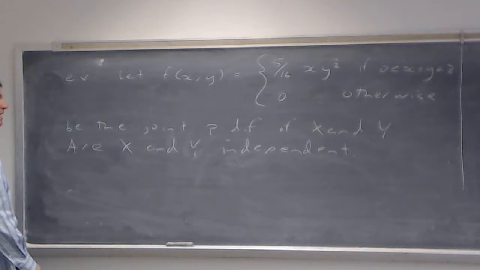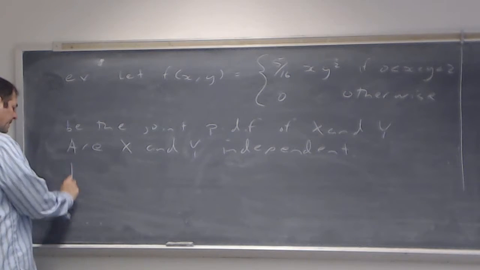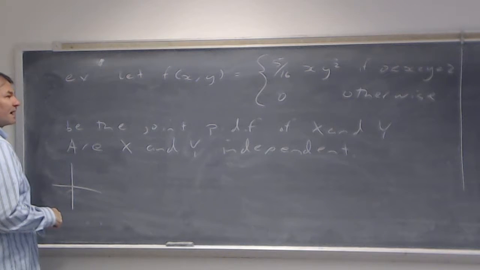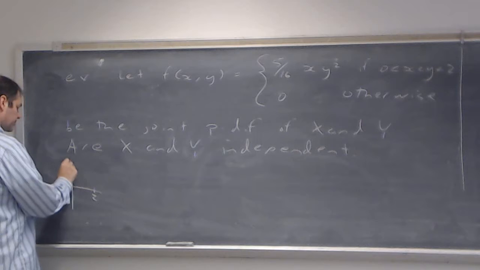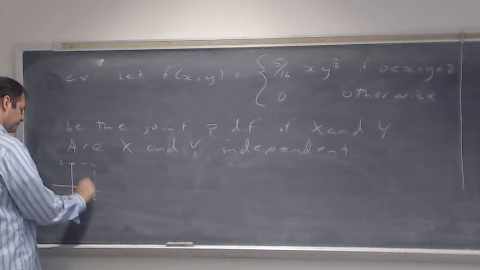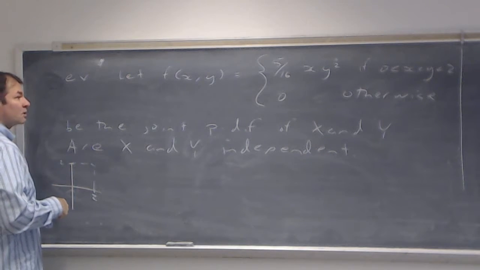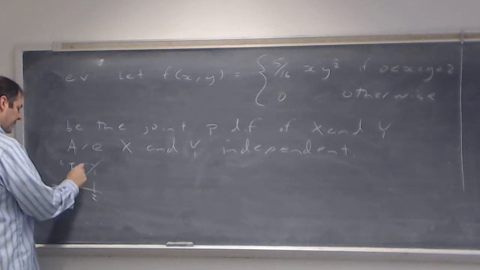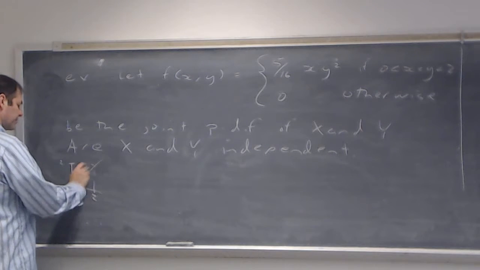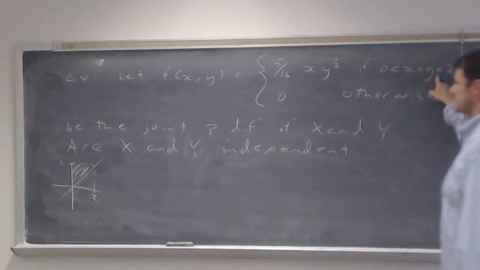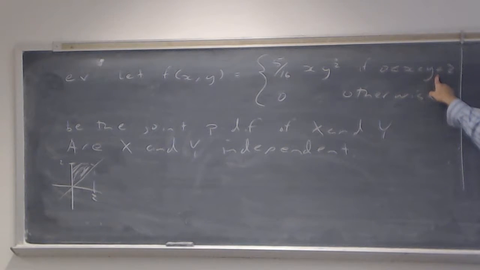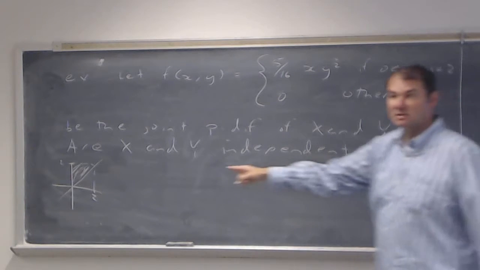Okay, so here, let us remember where the joint is defined to be non-zero. The x values run from 0 to 2, the y values run from 0 to 2. And then if we look at y equals x, that's this line, and it breaks up the square into two regions, and it turns out the region within that square where x is less than y, we've done this before, is this top region.